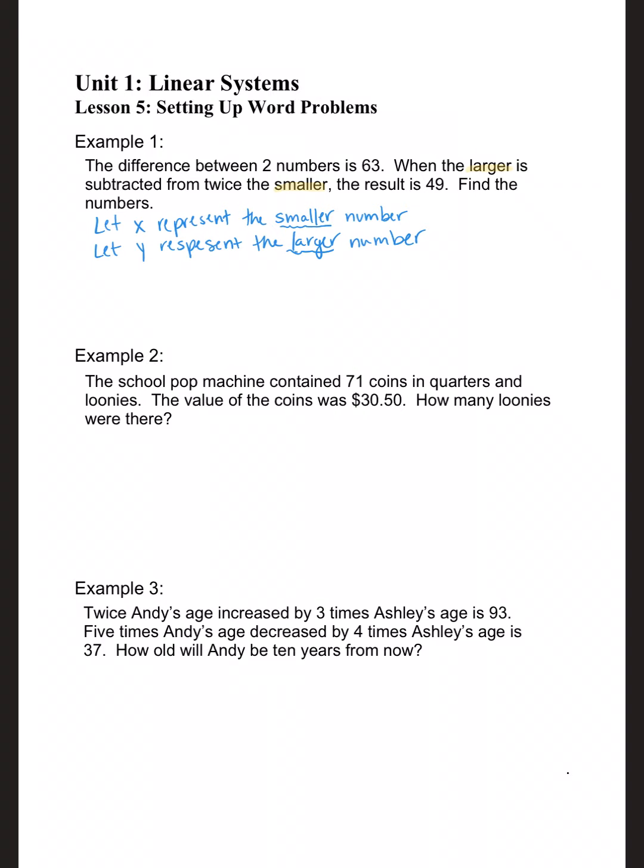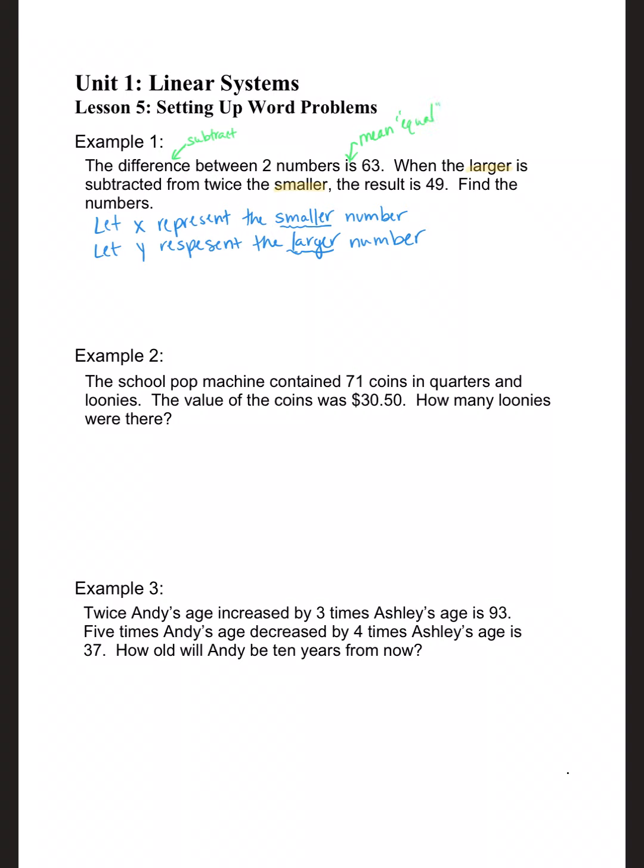Okay, so we're going to look at each sentence and see if we can come up with an equation for those. The difference between two numbers is 63. Hopefully we see that, I'm going to use a different color. Difference in math means subtract. And when we see the word "is", we should be thinking it means equal.